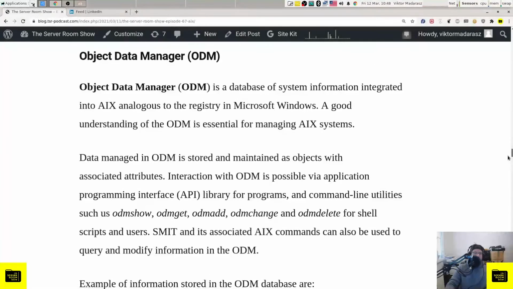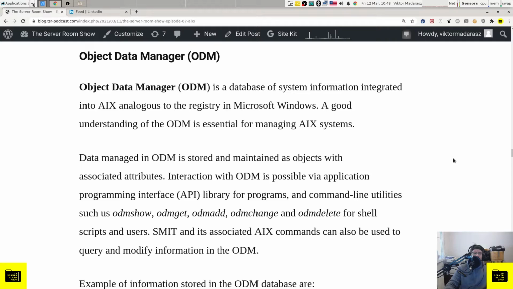Another piece I have to mention regarding AIX is the Object Data Manager, ODM. I wanted to mention this because it's very similar to something we probably all know, which is the registry in Microsoft Windows.